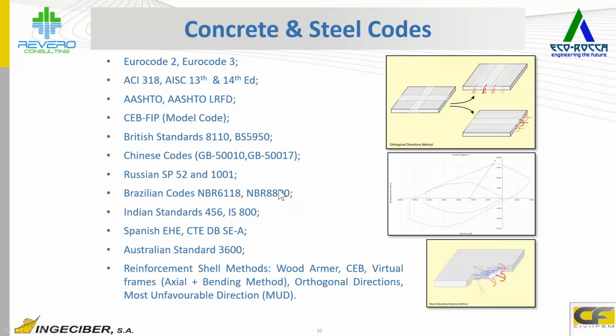So wherever your project is located, you should be able to use the codes already implemented into the software, which will allow you to design or check the various structural elements.